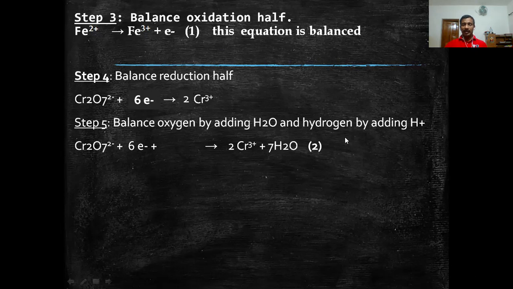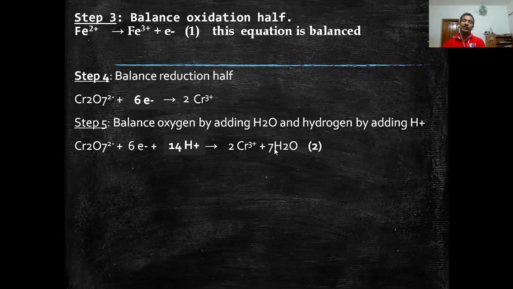Here you cannot see any hydrogen. Here 7 into 2, 14 hydrogen atoms are present. Therefore you have to add 14 H plus here. Now this equation is balanced.